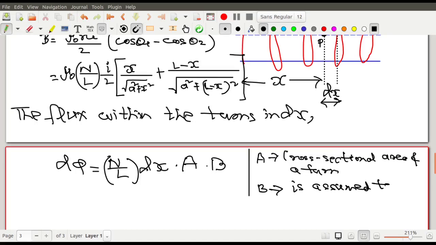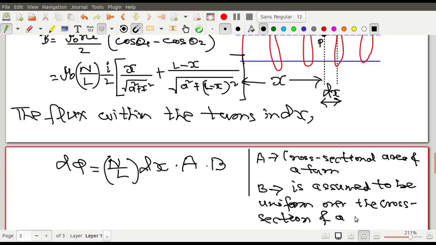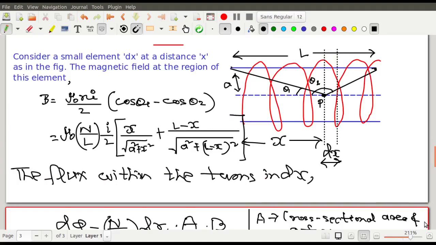is assumed to be uniform over the cross section of a turn, right?